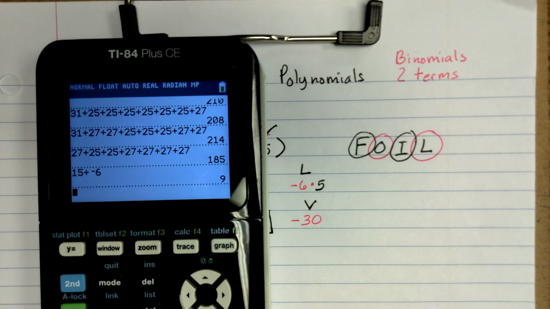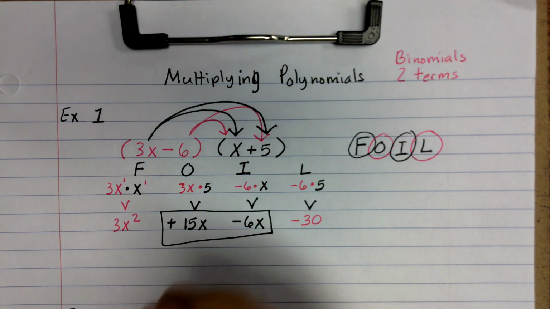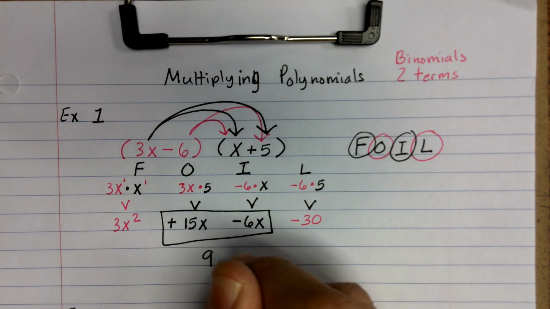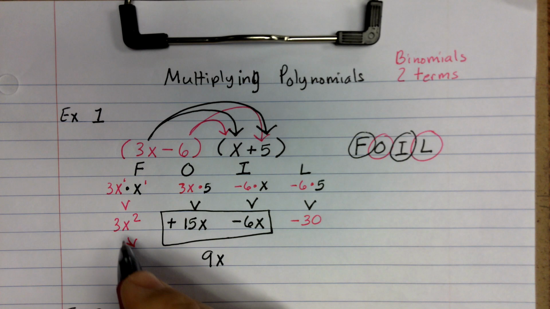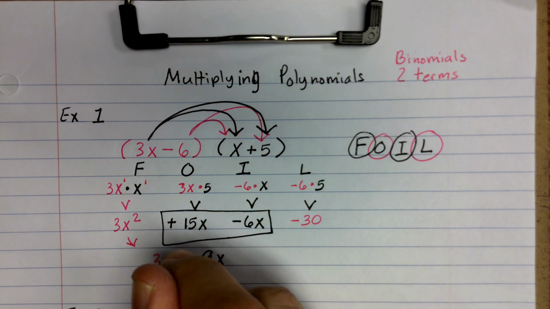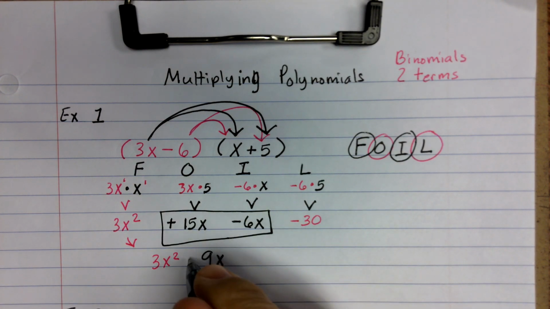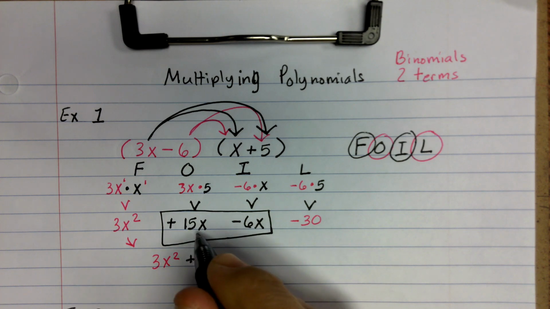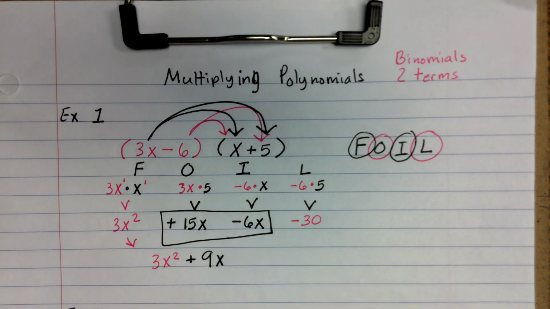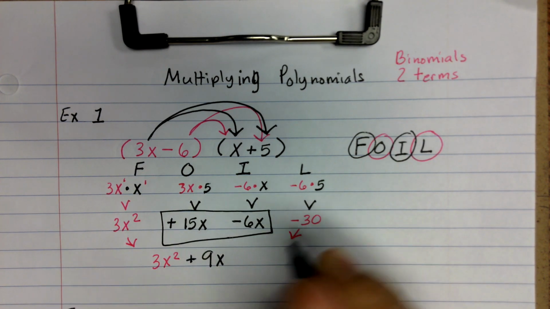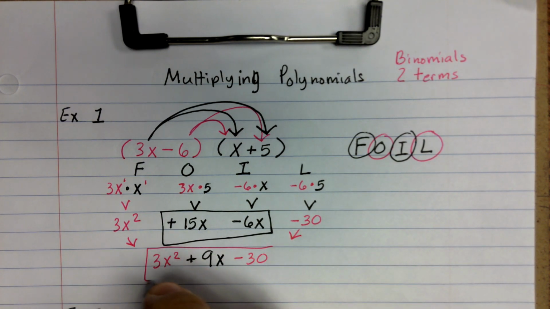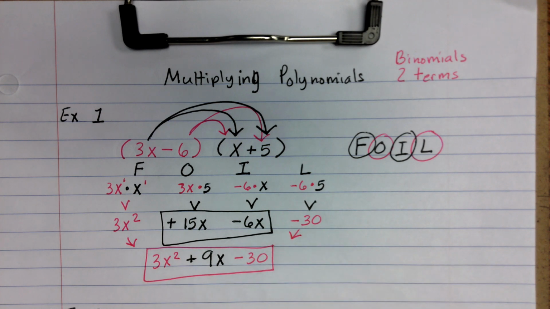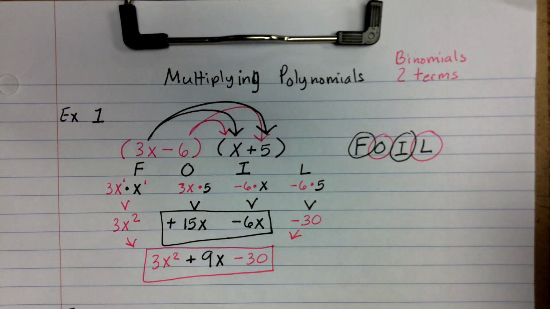It gives me positive 9, so that's 9x. Now, the final step is to bring down this first term, 3x squared. And this was a positive 9x for my middle term when I combined these two. And then bring down that last term, negative 30. And that's how you multiply binomials using the FOIL method.